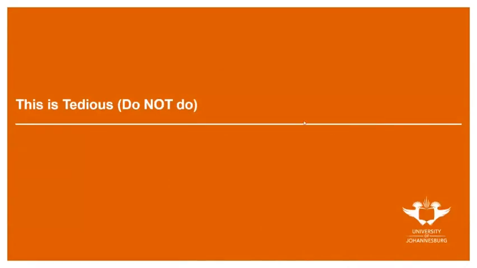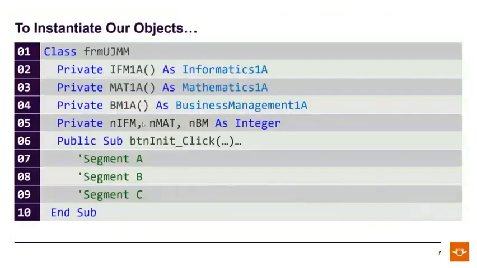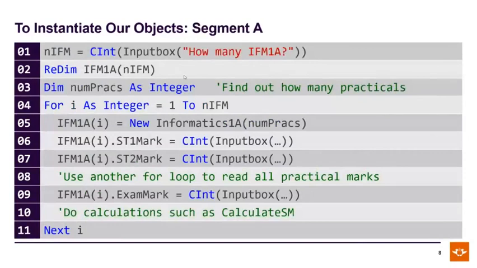So how would we normally deal with this? And the slide says this is tedious, do not. It refers to the fact that we know a better way to do this now. So normally to instantiate the object, you'll instantiate three arrays of type Informatics 1A, Mathematics 1A, Business Management 1A. You'll have three different integers tracking the size of these arrays, and then you'll have three segments to check which one of the classes you're using.